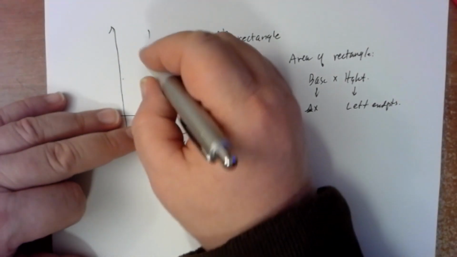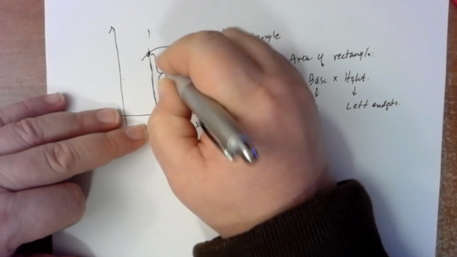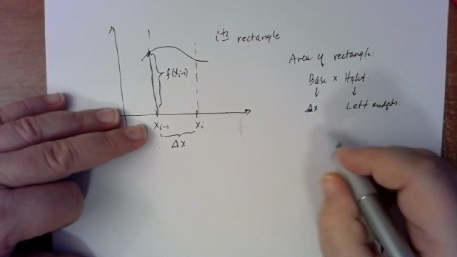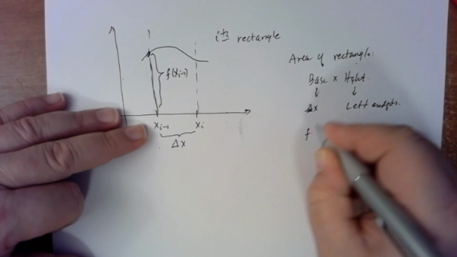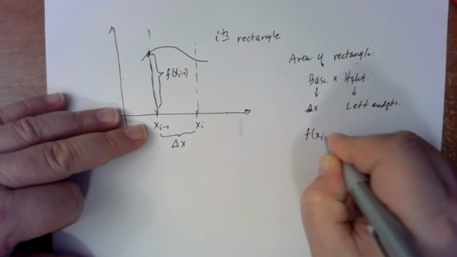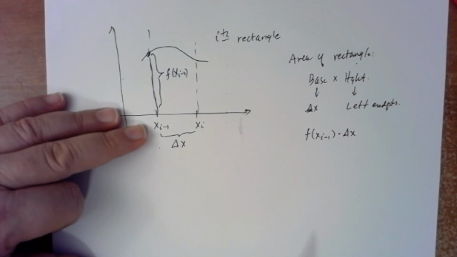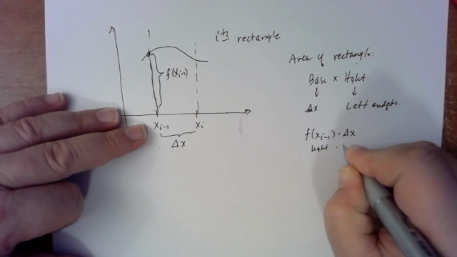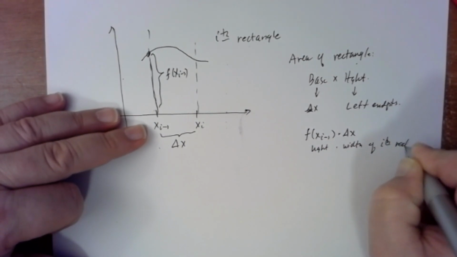And so the height here is going to be f of x sub i minus 1. Okay, so the area of the ith rectangle is going to be, I'm going to reverse these, f of x sub i minus 1 times delta x. Okay, so that's the height times the width of the ith rectangle.